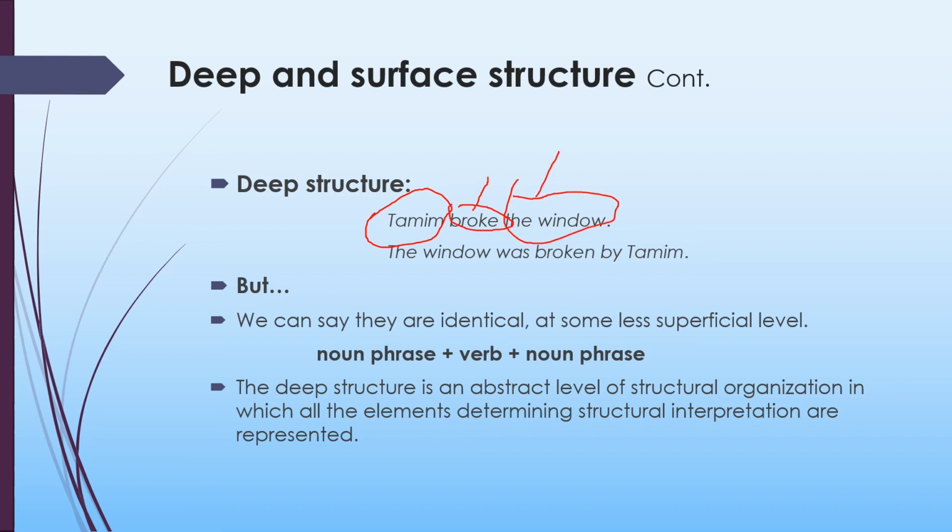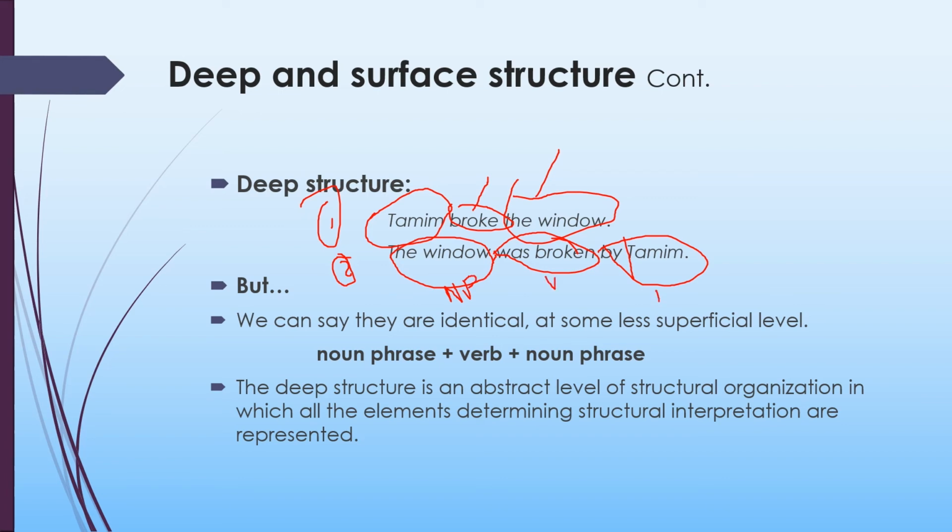And in the second sentence, we can say that the window is a noun phrase, was broken is the verb, and Tamim is another noun phrase. So the structure is NP, then verb, and then noun phrase.